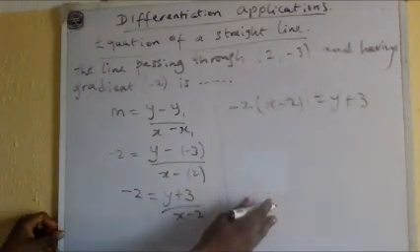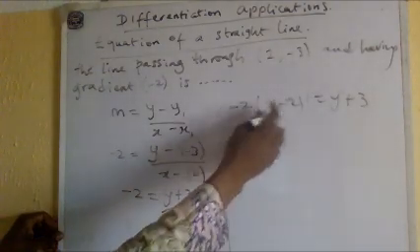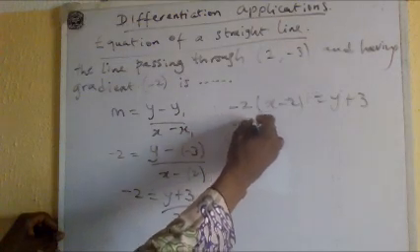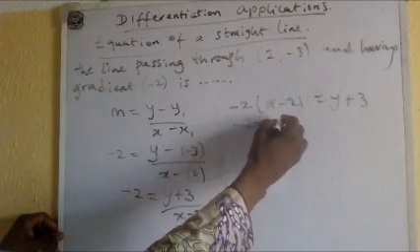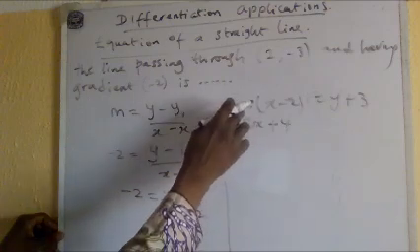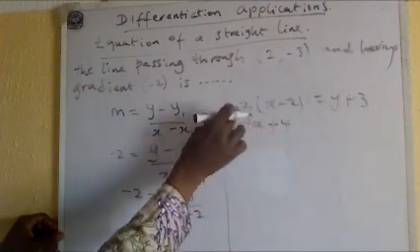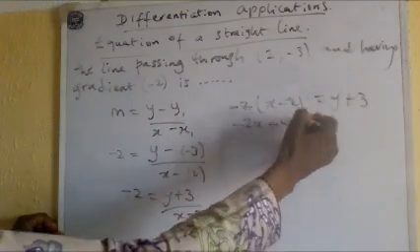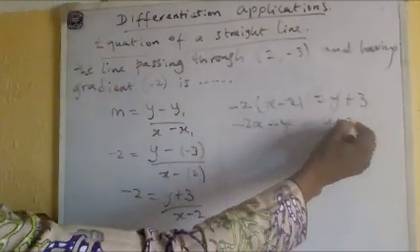So at this point, I will open my bracket: -2x plus 4, because -2 times -2 is +4, is equals to y plus 3.